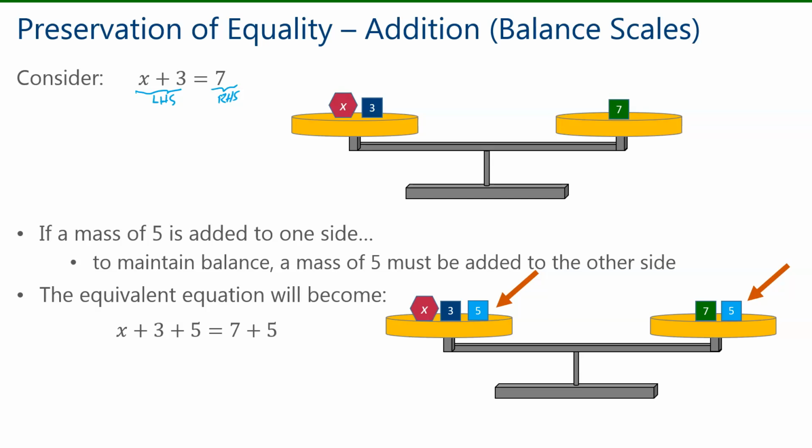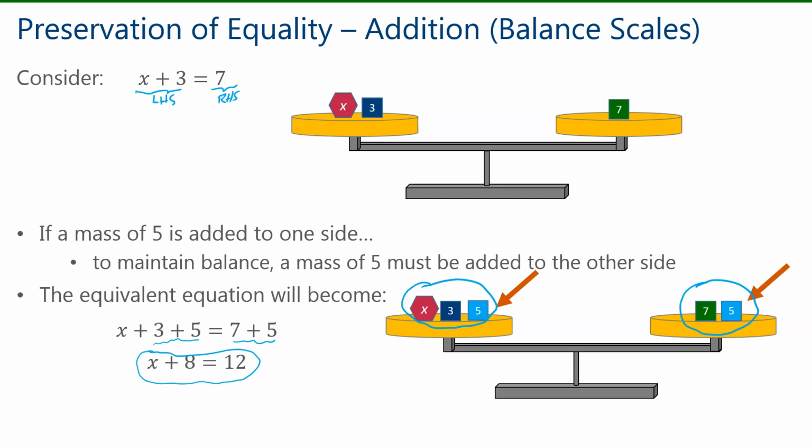The equivalent equation will become x plus 3 plus 5, that's what we have on the left, equals 7 plus 5, that's what we have on the right. And we can combine. We know that 3 plus 5 is an 8, and 7 plus 5 is 12. So x plus 8 equals 12. This would be an equivalent equation to what we started with, x plus 3 equals 7.